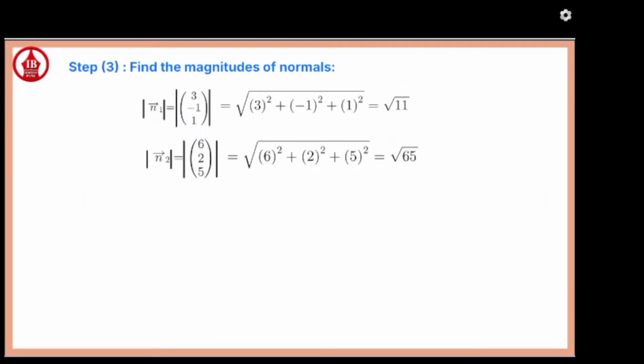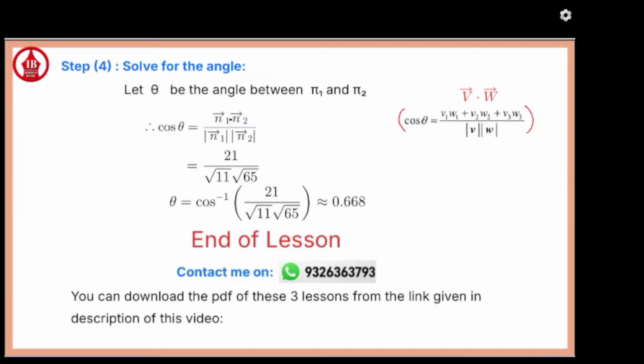Now the last step, the fourth step, is to solve for the angle. The formula for the angle is cos theta equals the dot product of the two normal vectors, n1 dot n2, divided by the magnitude of n1 times the magnitude of n2.